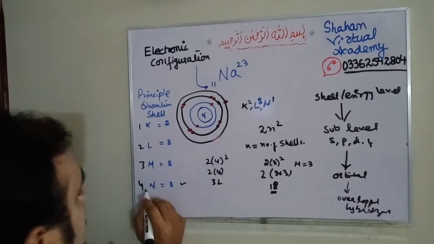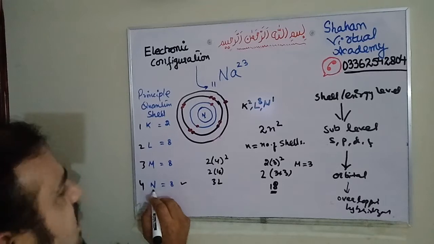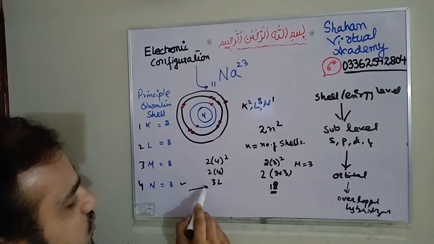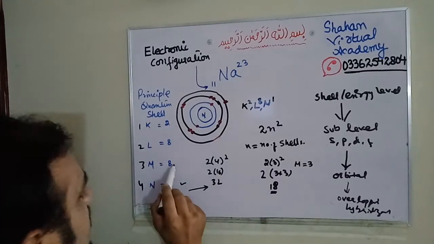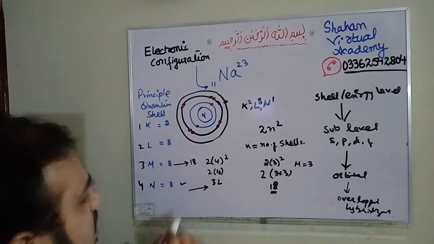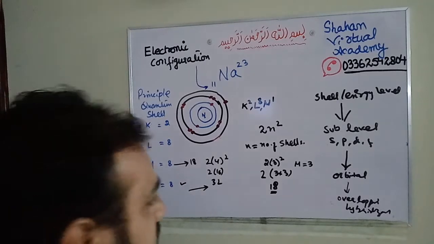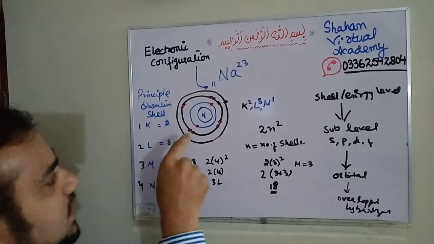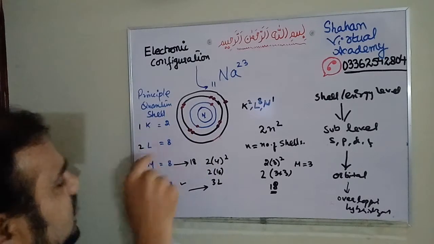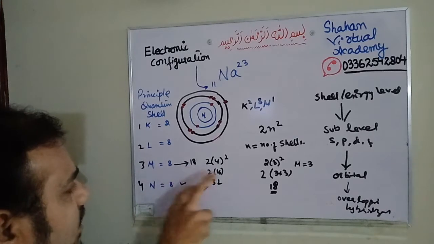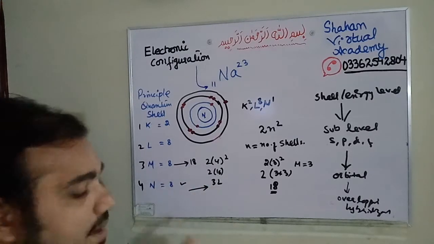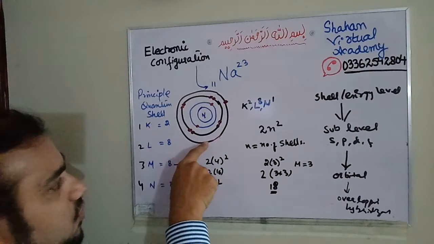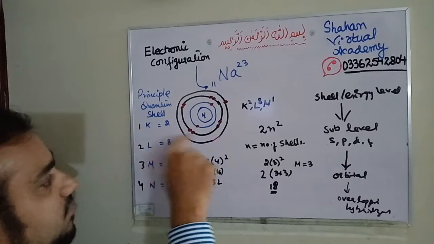It means the N shell has the ability to fill 32 electrons, and the M shell has the ability to fill 18 electrons. But how can we fill them? While we write the configuration, we cannot show 32 electrons in the shells.